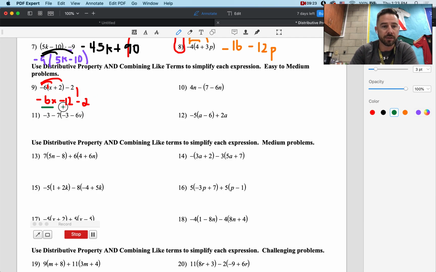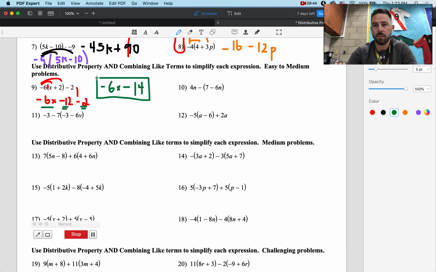You say these are my x's and these are my non-x's, right? So I have my negative 6x. And then what if you owe 12 and you owe 2 more, you owe 14. Right? You owe 14. Okay?